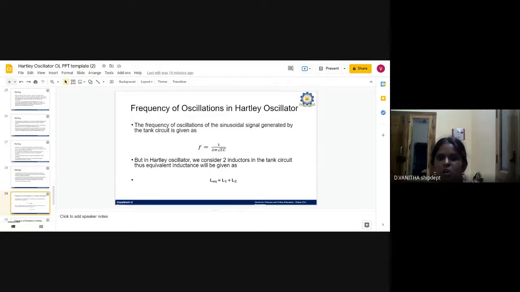But in the Hartley oscillator, we are using two inductors. They are connected in series and connected to a capacitor in parallel. So these inductors in the tank circuit provide the equivalent inductance. It is given as L equivalent is equal to L1 plus L2.